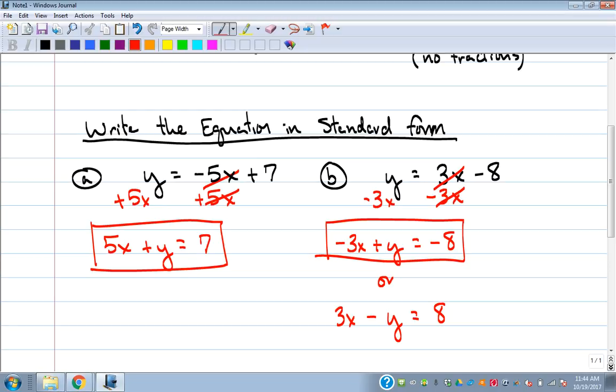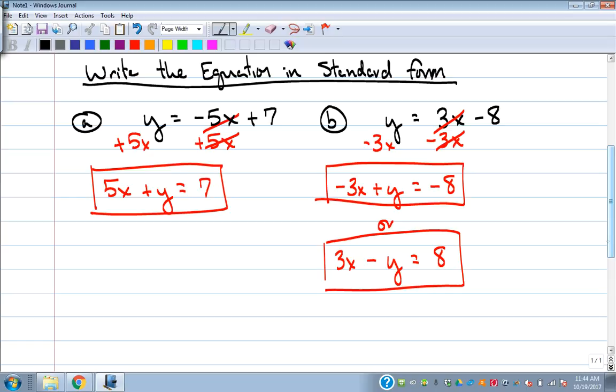Okay? So here, this went from a -3 to a +3, from a positive y to a negative y, from a -8 to a +8. If you change the sign of everybody, that's legal to do. So either of those would be a correct answer. You need to be able to recognize that can happen. So all you got to remember is change the sign of everybody or nobody. It's all or none. Okay.